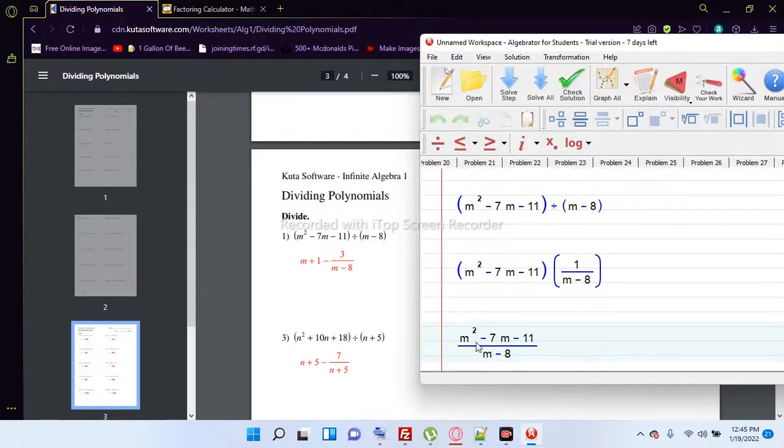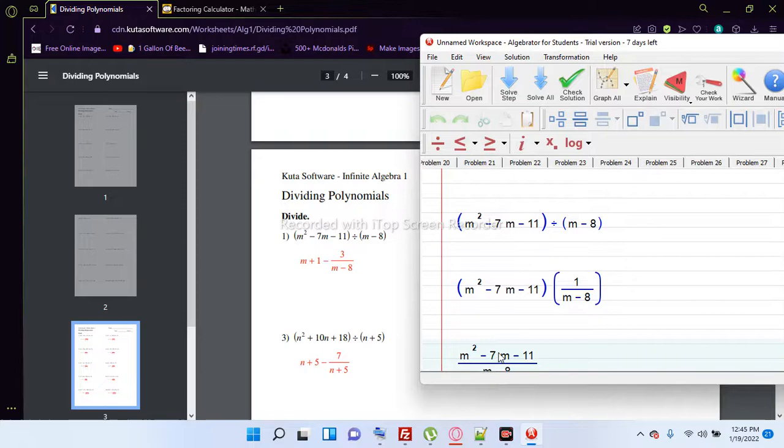M squared minus 7M minus 11. M squared minus 7M minus 11 divided by M minus 8. And it says M squared minus 7M minus 11 over M minus 8. I don't get this here. Why didn't it come out right?